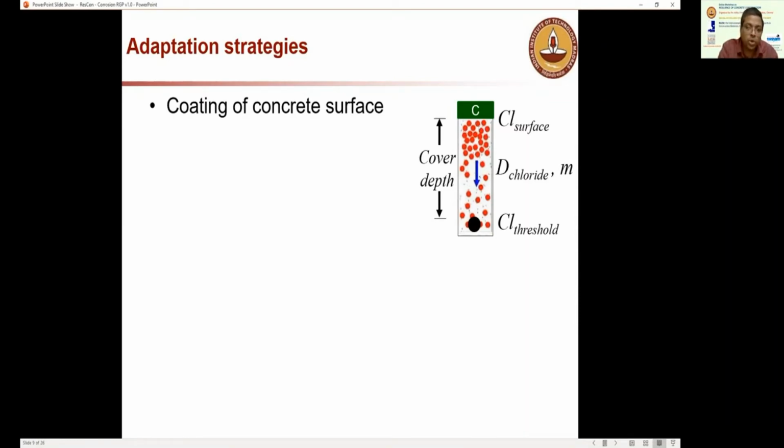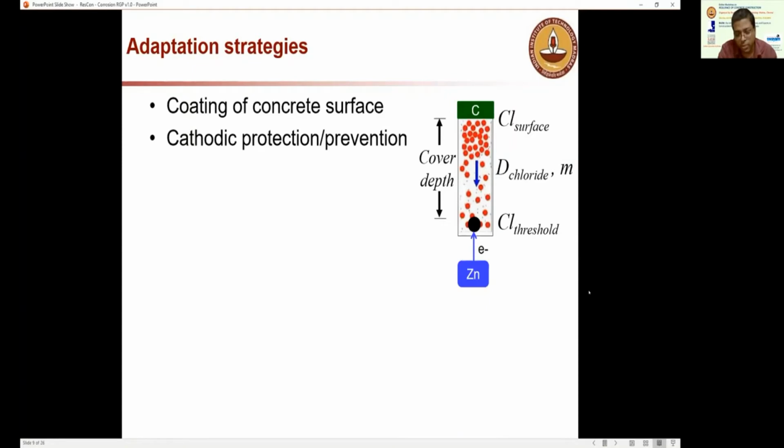So what we can do on an existing structure is provide a coating. That is the green rectangle which you see at the top. Then another option is to provide cathodic protection, which is an electrochemical way of protecting the structure from corrosion. You can see zinc here; in cathodic protection, you attach a zinc metal to the steel, and that will help in preventing or arresting the corrosion process.